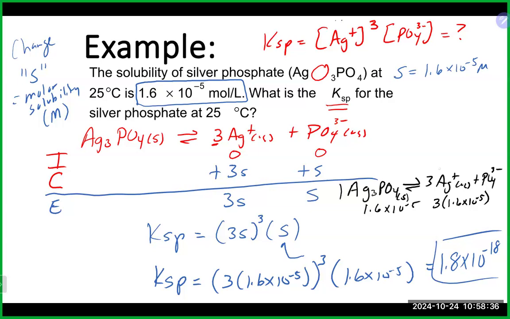And because this is a 1-to-1 relationship between those guys, this guy would be 1.6 times 10 to the minus 5. And you could just take those guys and pop them right into the KSP expression without doing the entire ice table and stuff like that. So if you understand how the concentrations break apart into the concentration of the ions, you could just put those concentrations of the ions, the correct ones, into the KSP expression, and you would get your answer.